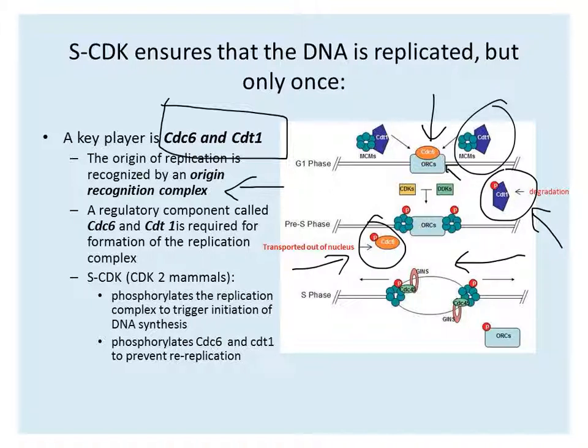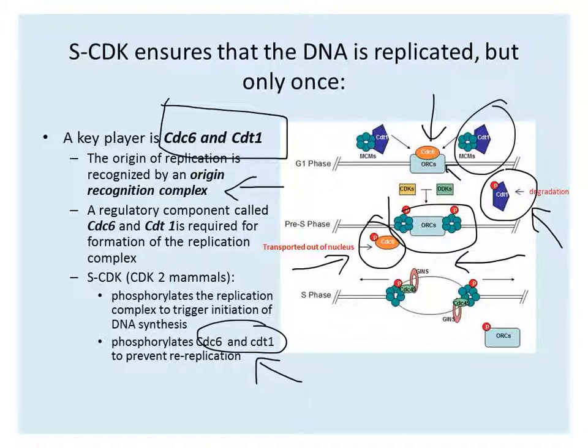Now, the two important events from this phosphorylation by the S-CDK of these different complexes, the origin recognition complex, CDC6, the origin itself, which you can see here, and also CDT1, are that it triggers initiation of DNA synthesis, and removal of CDC6 and CDT1 prevents re-replication, so that DNA replication only happens once.